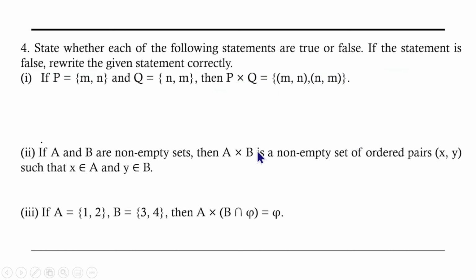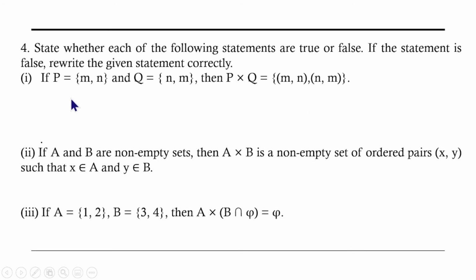The next question: state whether each of the following statements is true or false. If the statement is false, rewrite the given statement correctly. The first subdivision: if P = {M, N} and Q = {N, M}, then P cross Q = {(M, N), (N, M)}.